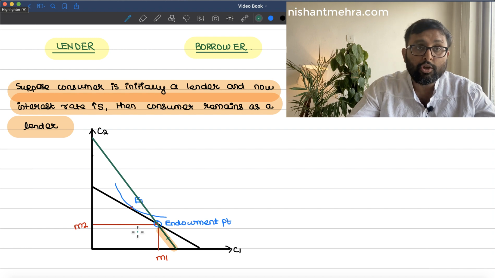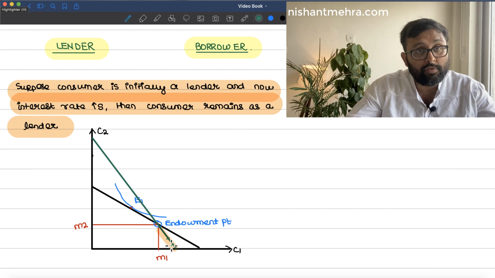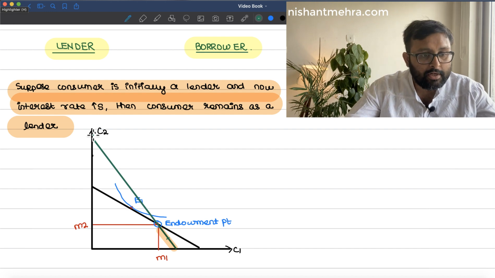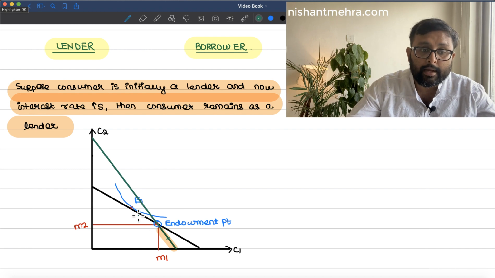Now again, you cannot choose any of these points when E1 is still available to you. In the new budget line, beta, this green budget line is the new budget line. Is E1 available to you? Yes, it is lying within the budget set.